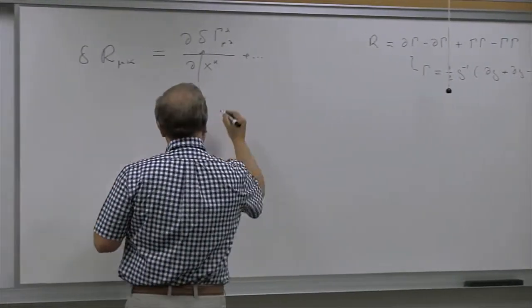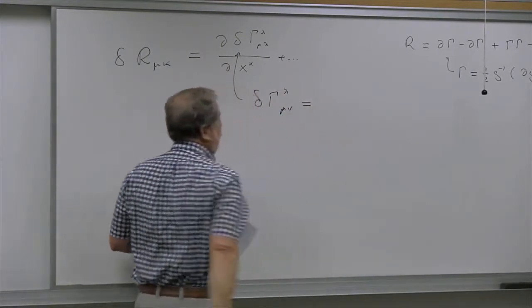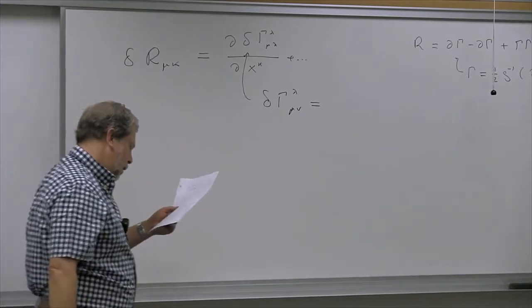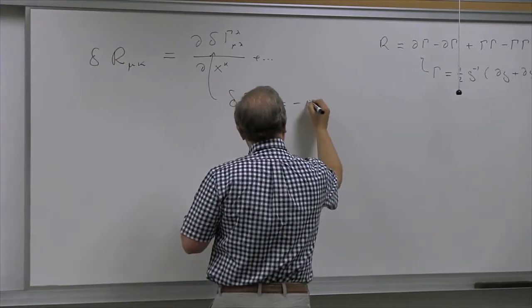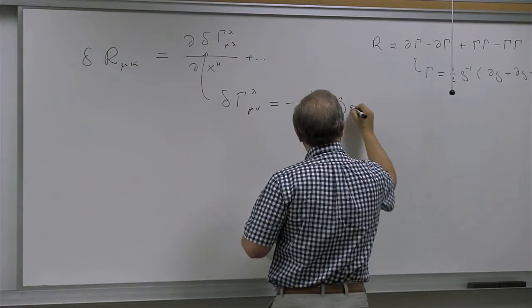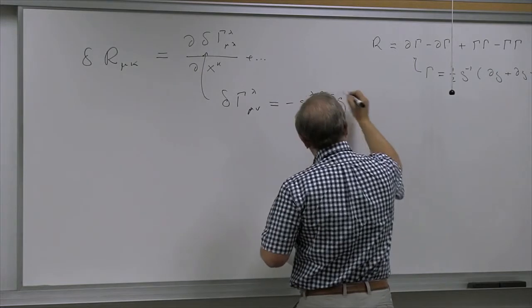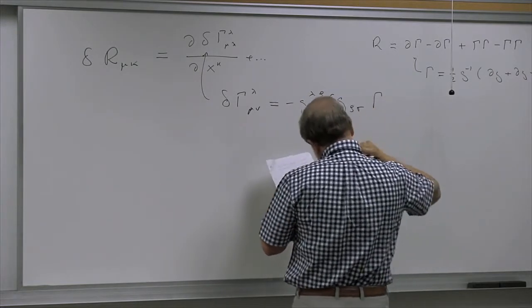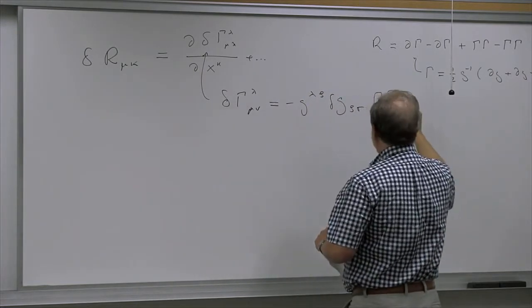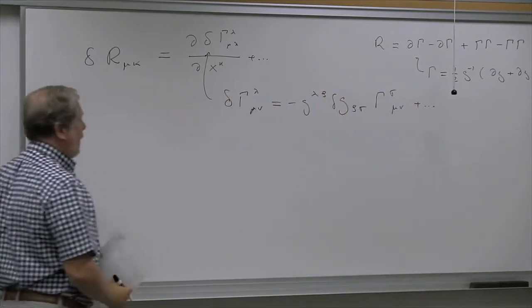So the variation of gamma lambda mu nu is, from the formulas that I gave in the previous lectures, minus g lambda rho times g rho sigma times the variation of this times gamma sigma mu nu plus dot dot dot. So there's lots of terms, and this is a really complicated thing.